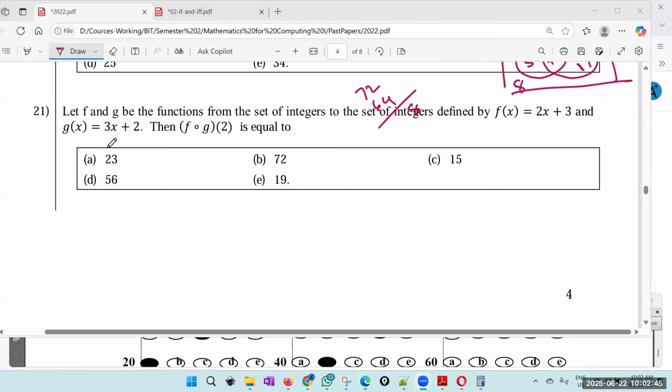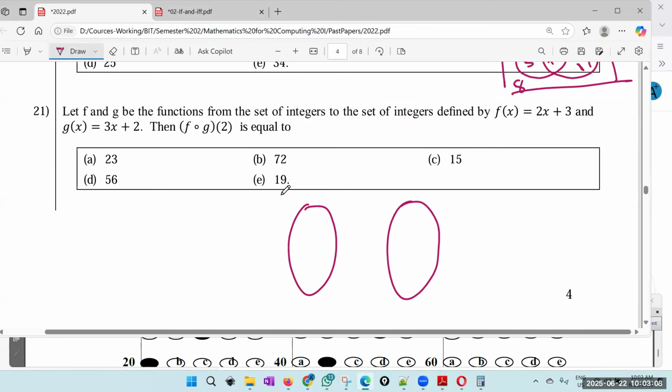Let f and g be functions from the set of integers to the integers defined by f(x) = 2x + 3 and g(x) = 3x + 2. Right, so this is another easy question. These are textbook-style questions. Let's draw x, f and g. f is 2x + 3. f∘g means f of g(x).